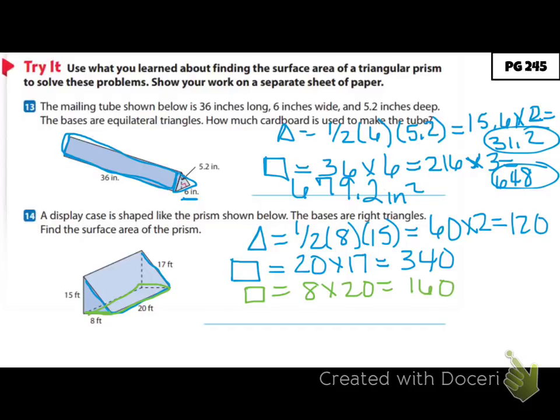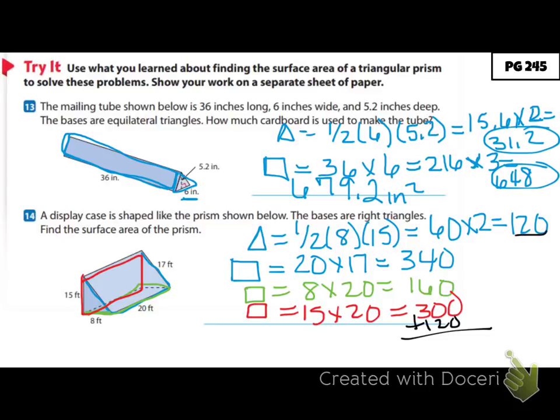And then the rectangle on the back is 15 by 20, which is 300. So I take and I add all of these up. Throw in the 120 from up here as well. So I get a total of 920 square feet.